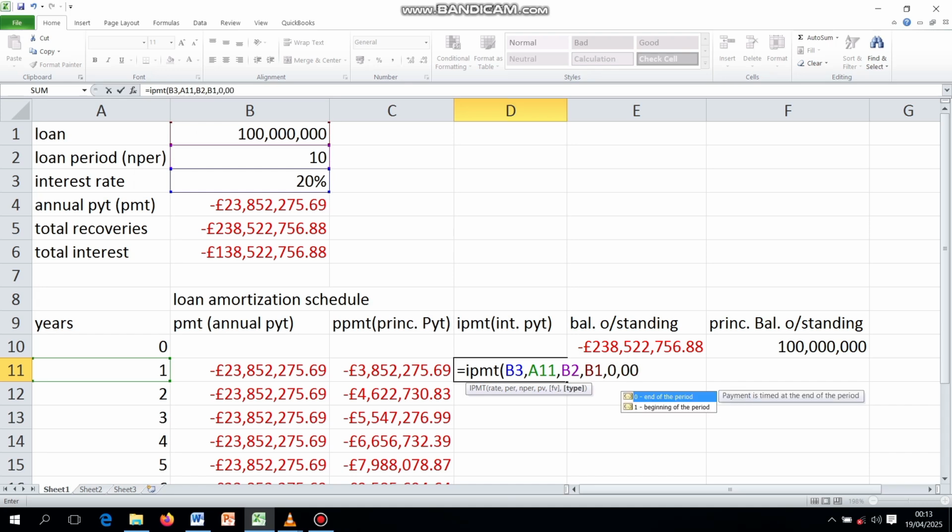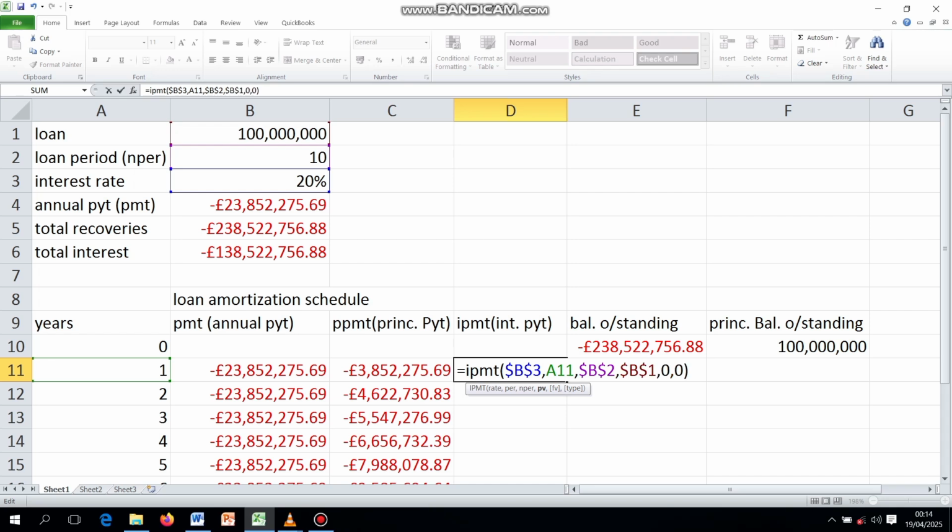So after all that, I'm going to lock it, and you know how we lock using the $ sign. As we did before, we are going to lock everything apart from the A11, which is the present or current period, but the rest I'm going to lock them.